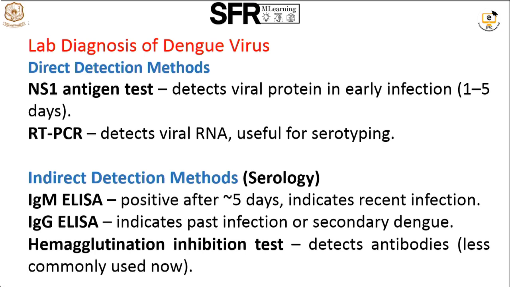For secondary infection of dengue virus, we can easily identify it with the help of IgG ELISA. Hemagglutination inhibition techniques are used to detect antibodies against the corresponding antigens, and this test is now commonly used to find the virus.